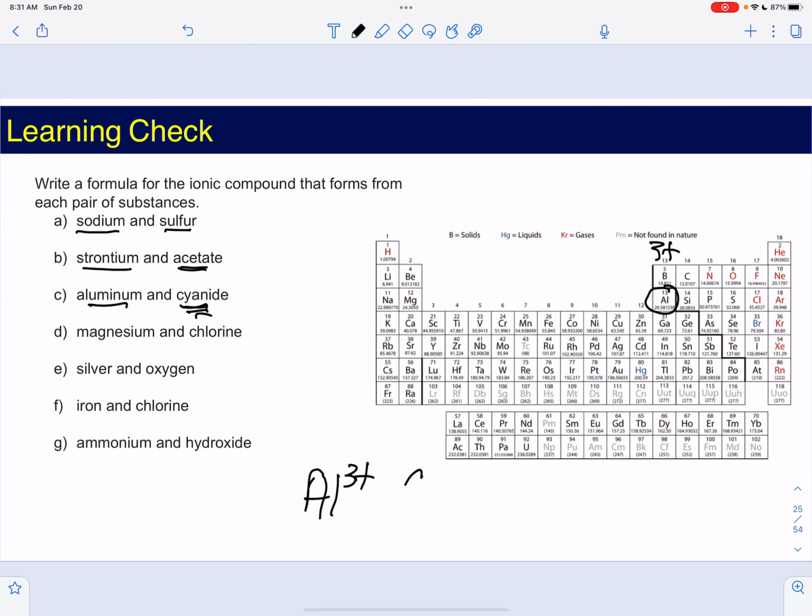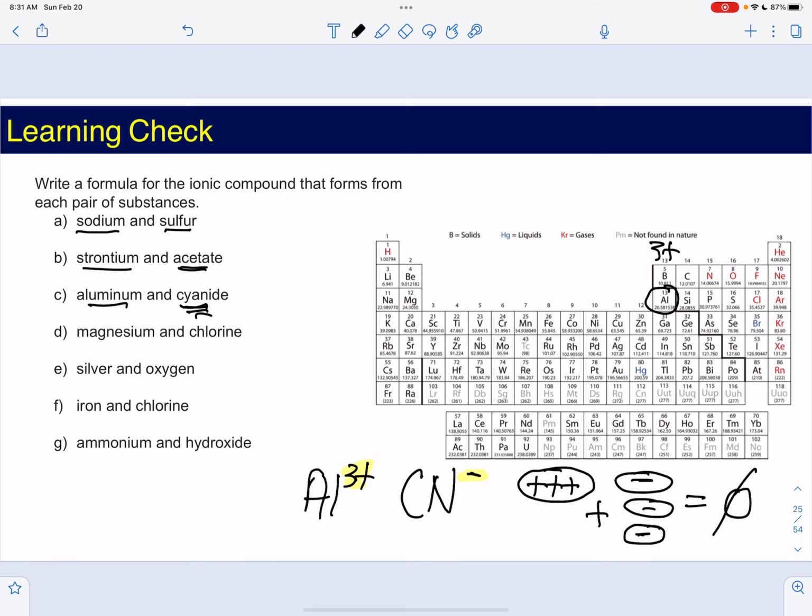So now that I know what cyanide is, let's go ahead and do that. And I'm going to have cyanide. Once more, I'm focusing on the charges. So back to my analogy, aluminum is like a package of 3. Cyanide is like a package of 1. So I'm going to need altogether 3 of these to give me 0. 3 plus 3 negatives equals 0.